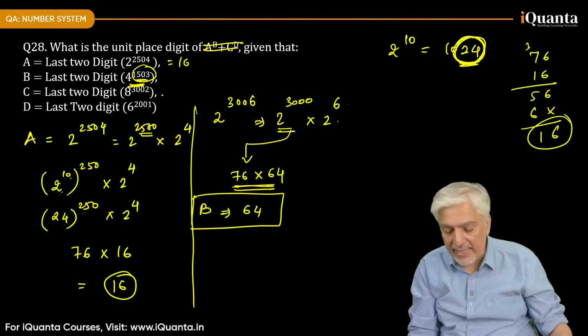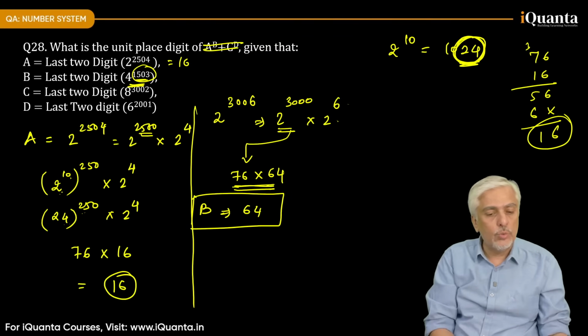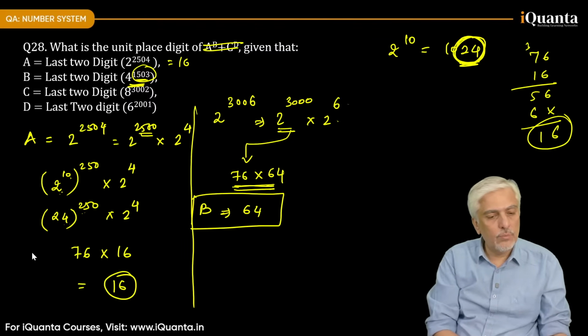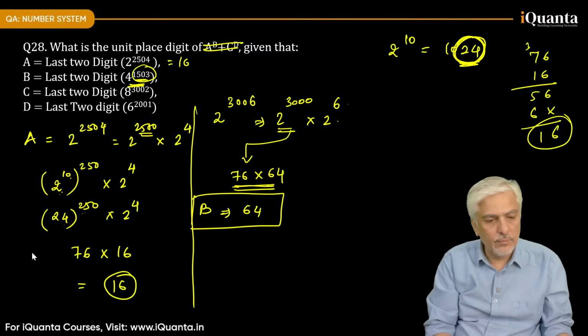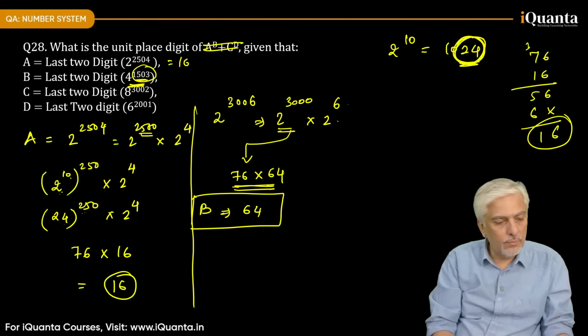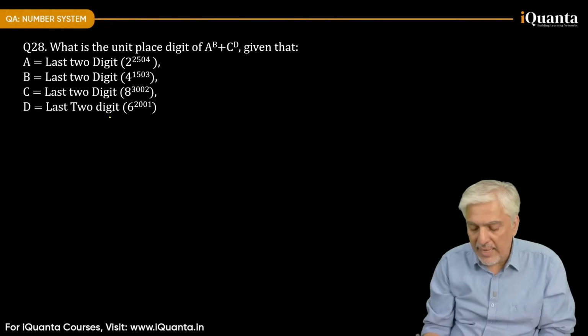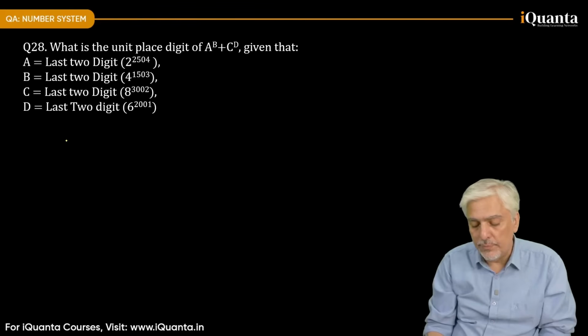अब C करते हैं. 8 raised to 3002. Eight is 2 cube.